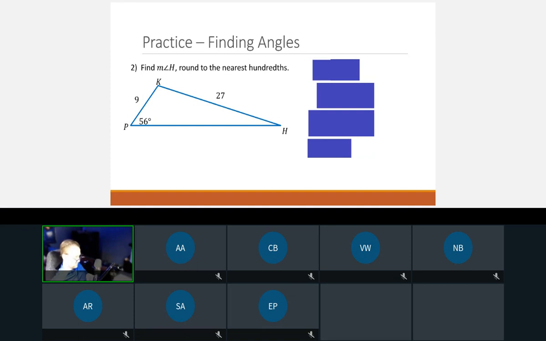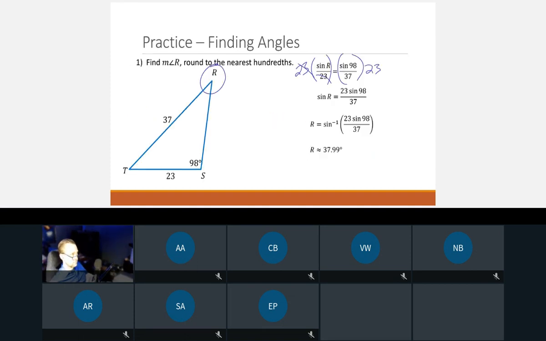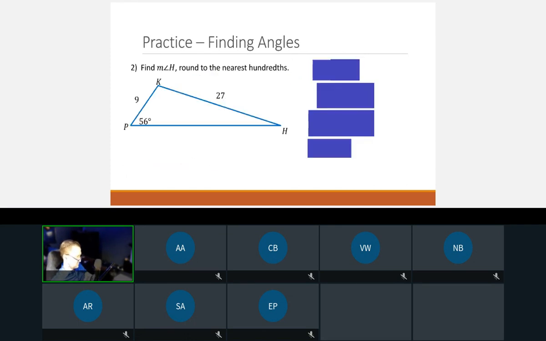So let me see. 34. Yeah, so 0.6 is 34.37 degrees. Kind of close, but not that close. So if you got 0.6, are you in radians? Answer that question first.